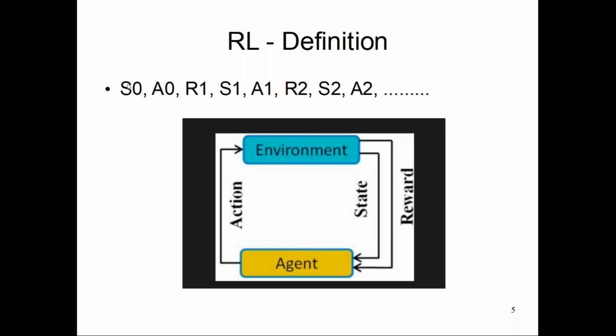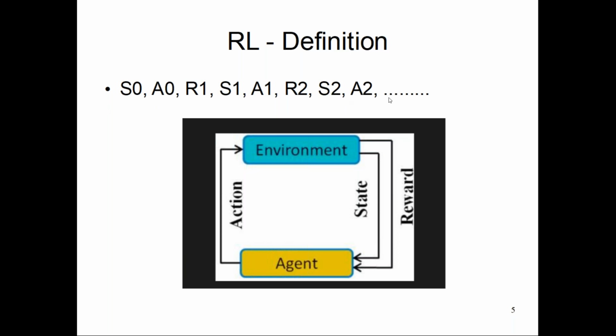There is a probability from state to state, that is P, the state transition probability. There is another probability from action: when you take an action, there is an environmental probability which influences it to go to another state.